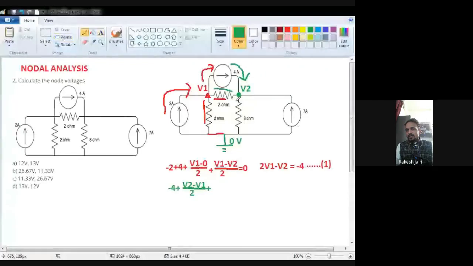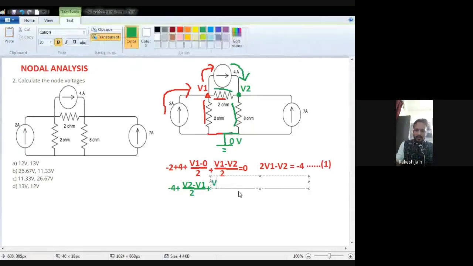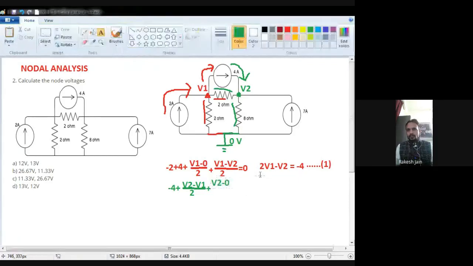Okay, then plus. See this 2 ohm resistance. Now I am writing for V2. So my node is V2 with positive. So V2 minus, where the other point of this 2 ohm resistance is connected, the node voltage at the other point is V1. So V2 minus V1 divided by 2.